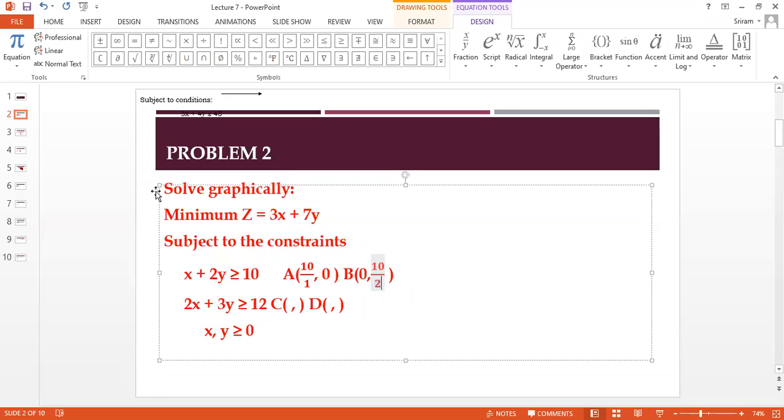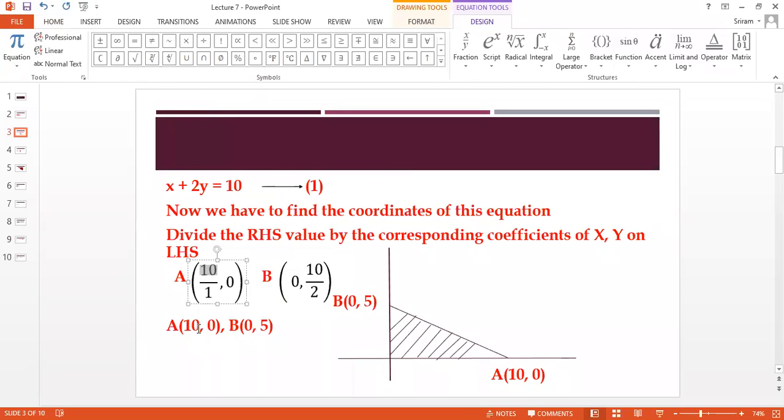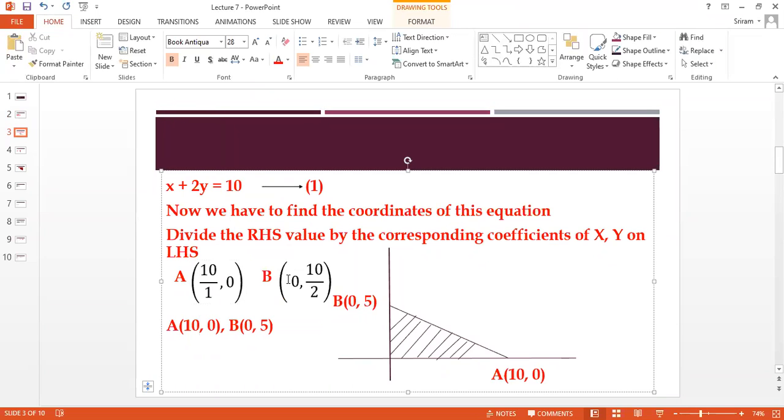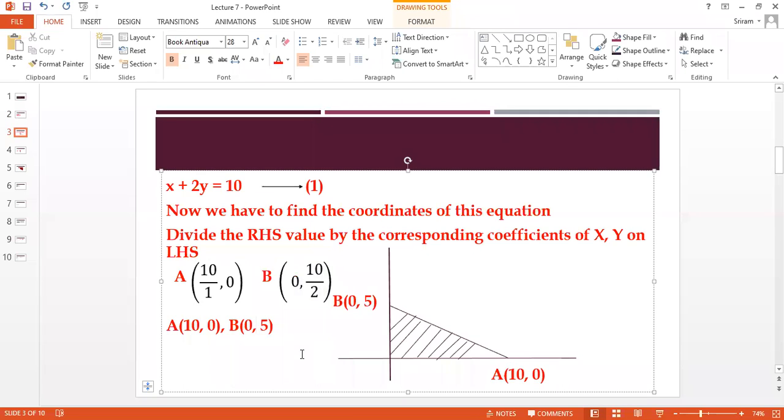So the first point is 10 comma 0, and the other point is 0 comma 10 by 2, which is 0 comma 5. Now I am going to draw the graph. I take the x-axis, the y-axis, and then mark point A.